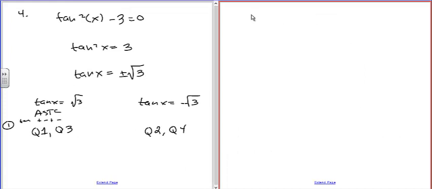Now the reference angle is going to be the same for everything here, because you're going to say the reference angle is the inverse tangent of the absolute value of plus or minus the square root of 3, but this is the plus, this is the minus. But when you take the absolute value, it just becomes the square root of 3. So again, make sure you calculate this in radians.